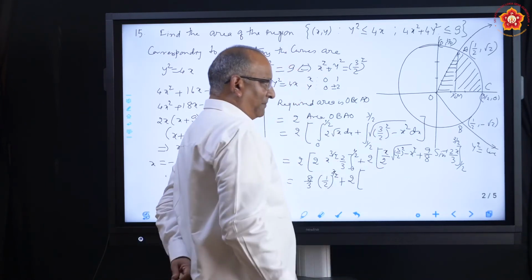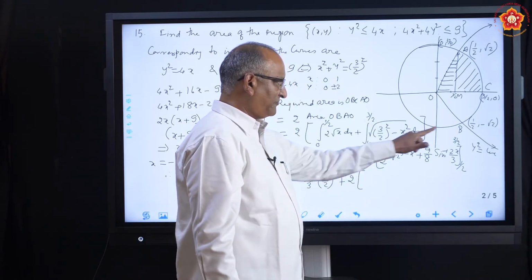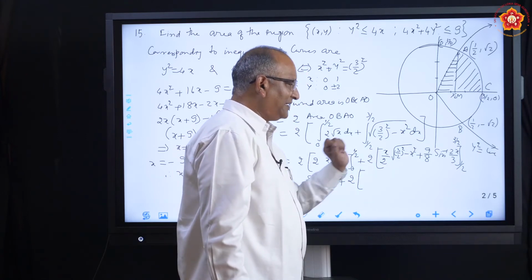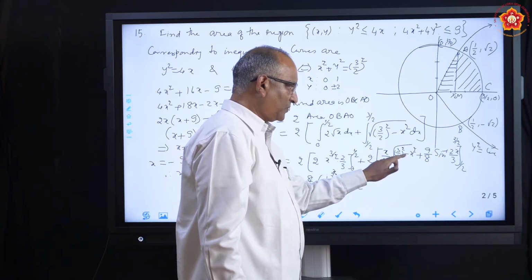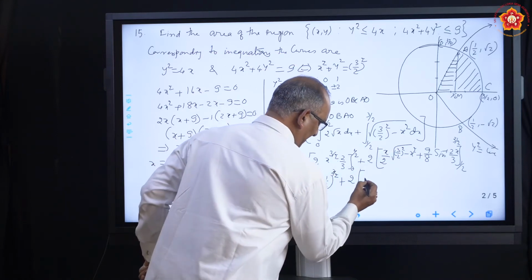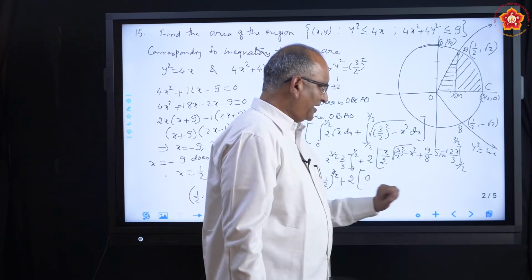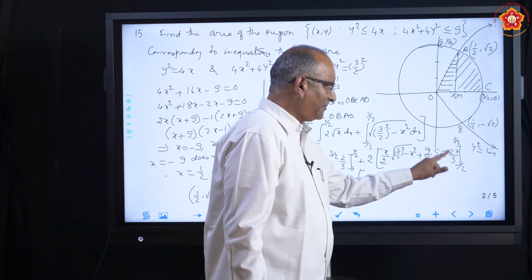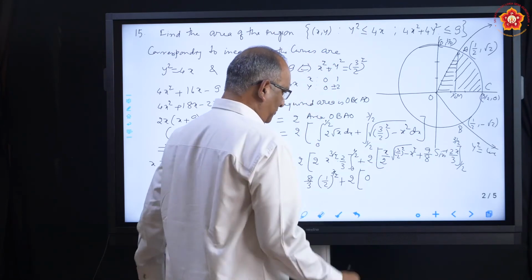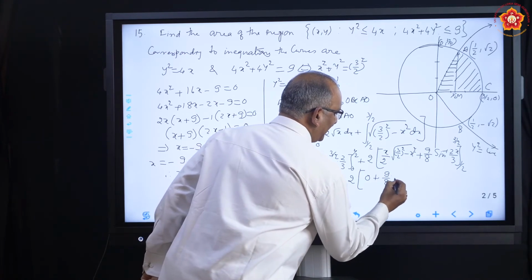When you substitute upper limit, watch carefully. In place of x we'll write 3 by 2, so it will become 3 by 4. But when you substitute inside the square root, (3 by 2) square minus (3 by 2) square, this whole thing will become 0. Come to this part. In place of x you are writing 3 by 2, 2 by 3, 3 by 2 will get cancelled. You will get sine inverse 1. Sine inverse 1 is pi by 2. So we can say that it is 9 by 8 into pi by 2.